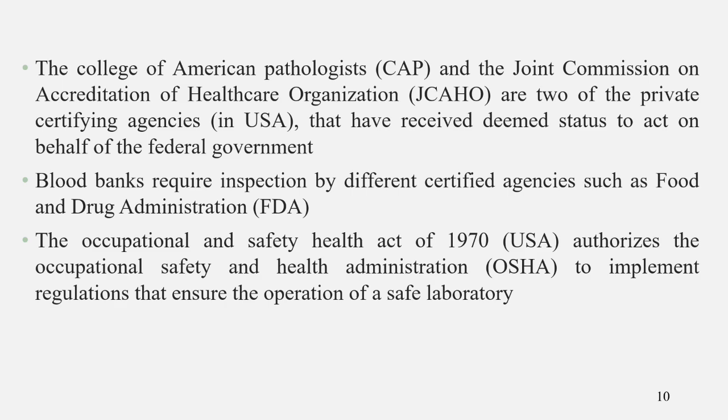The Occupational Safety and Health Act of 1970 authorizes the Occupational Safety and Health Administration to implement regulations that ensure the operation of a safe laboratory. These are the laboratory regulations.